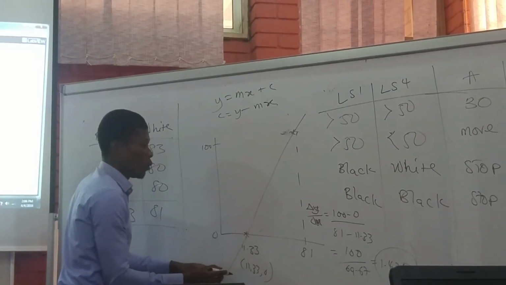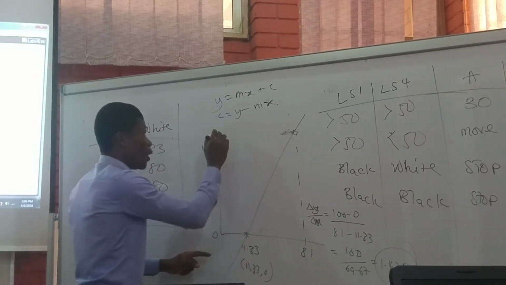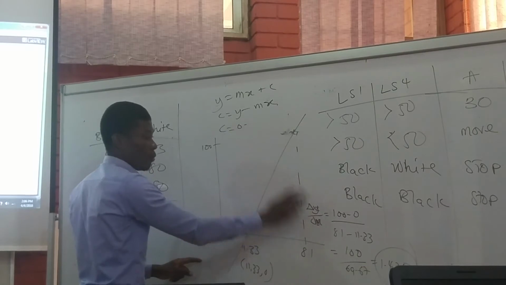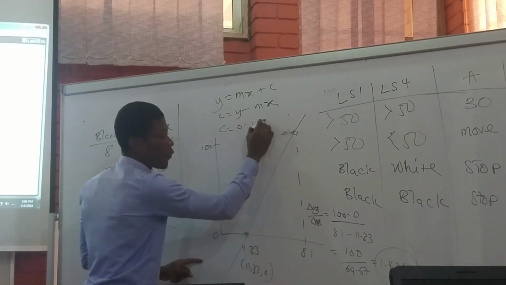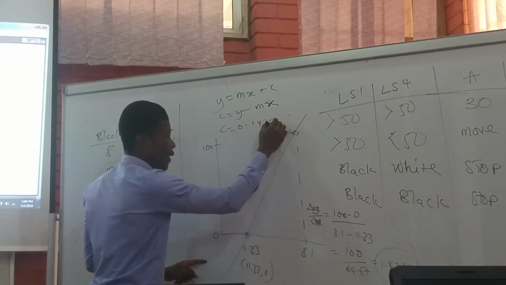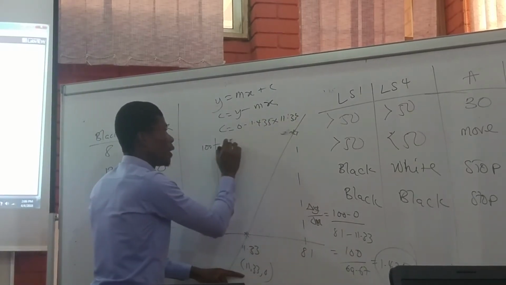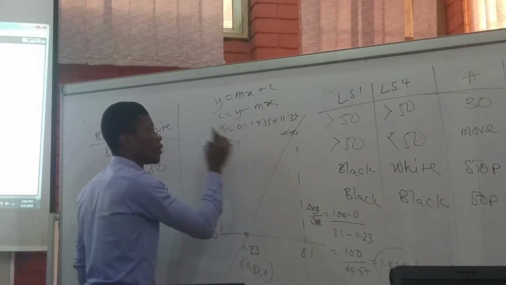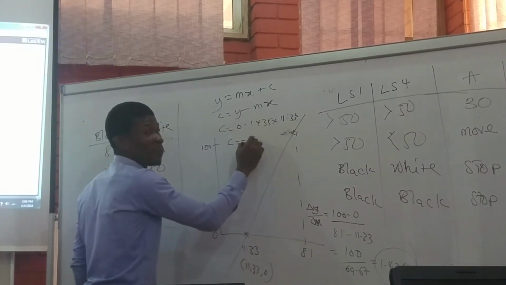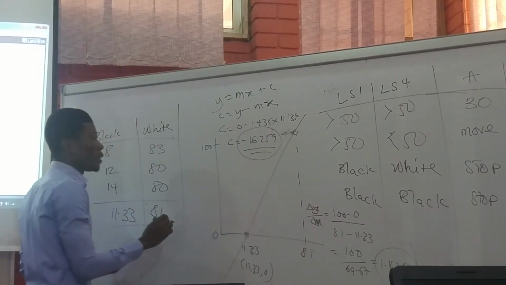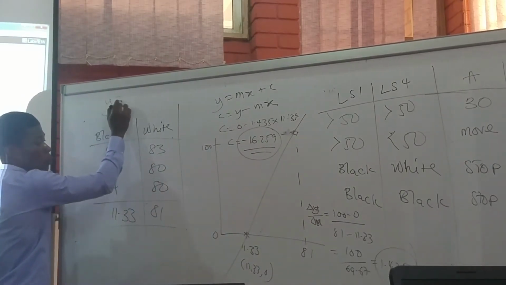So c equals 0 minus M, which we calculated as 1.435, times x, and the x at this point is 11.33. So we get c to be negative 16.259.